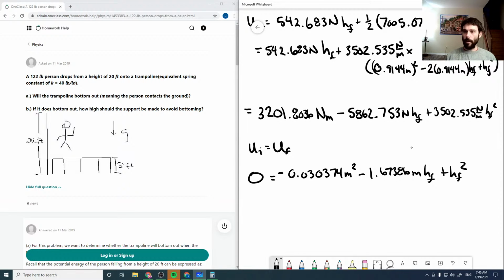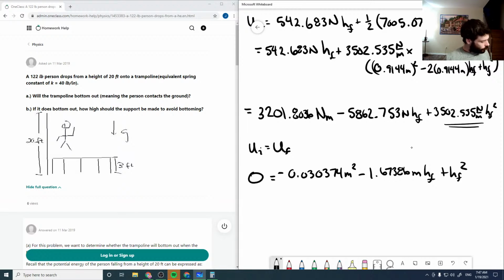So that's just putting in our UI, rearranging in terms of the HF, and then dividing by the A term. Okay. So now we've got a quadratic equation.